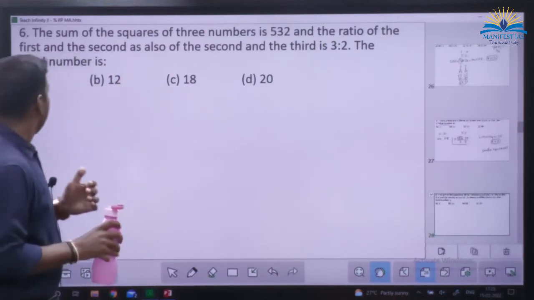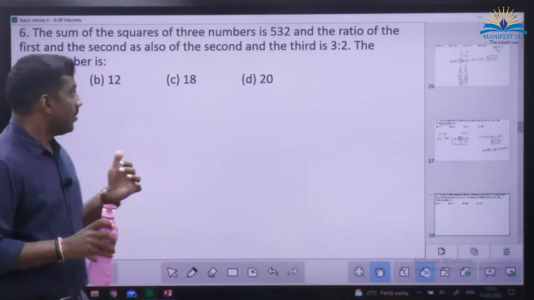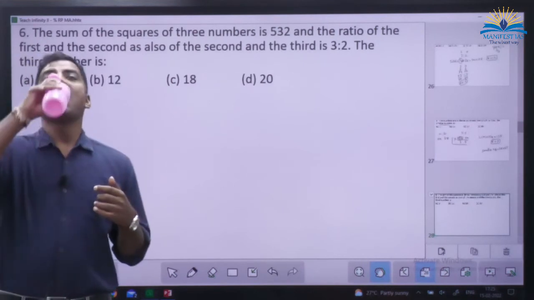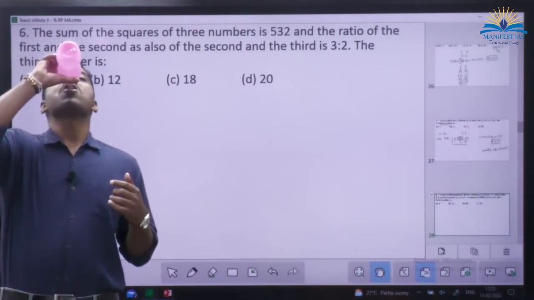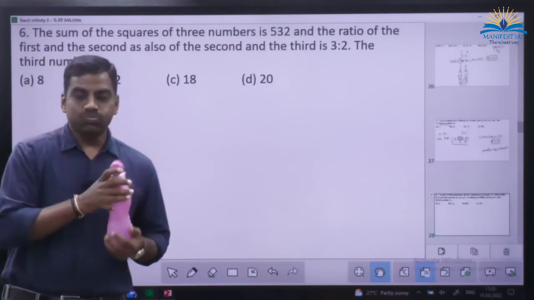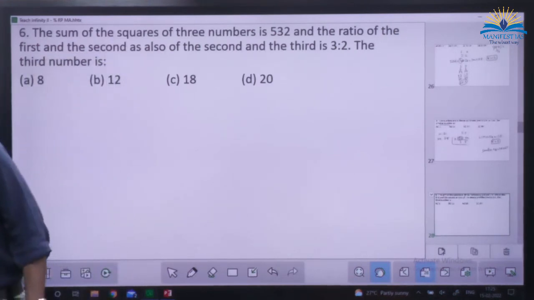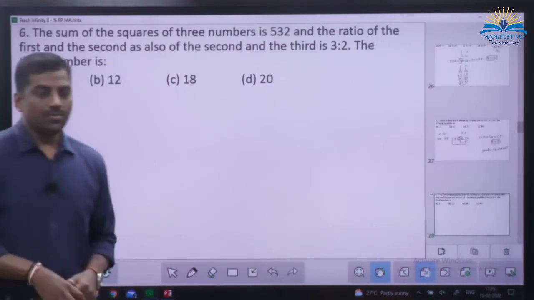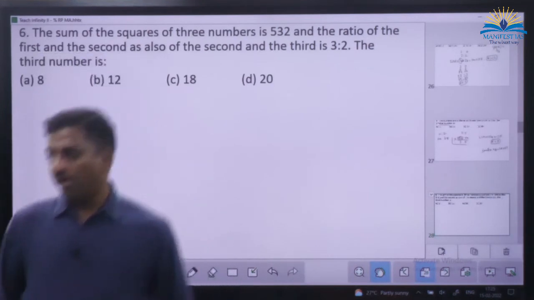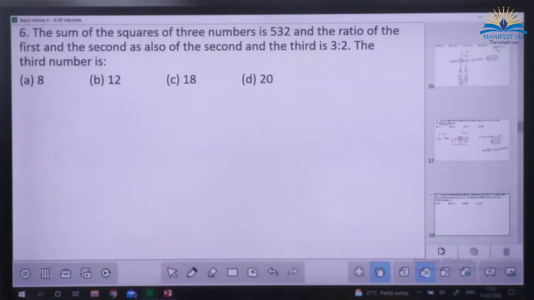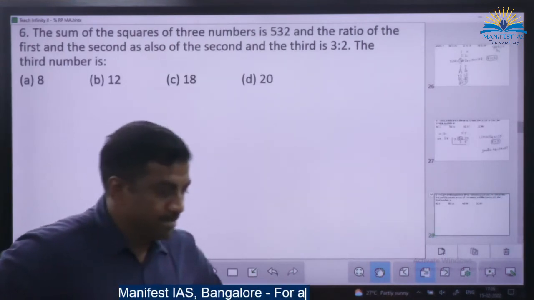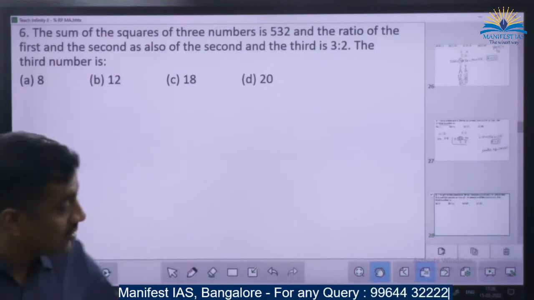I need equations here. Other equations also.